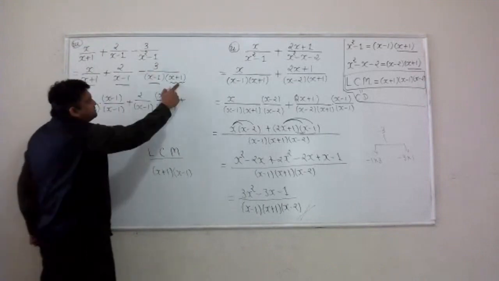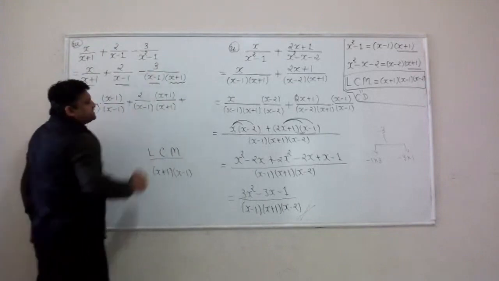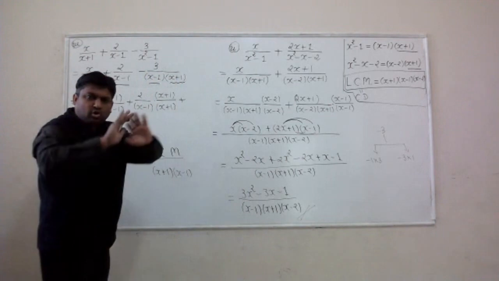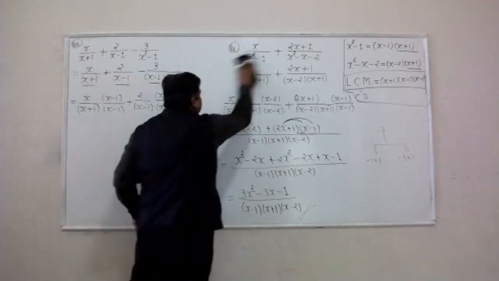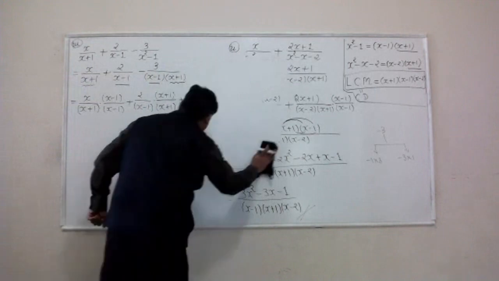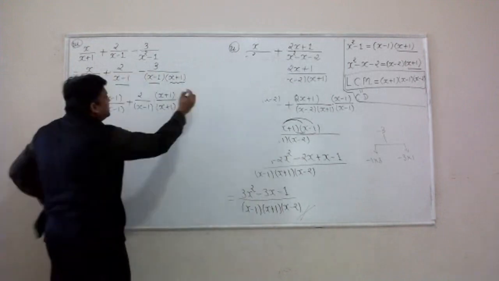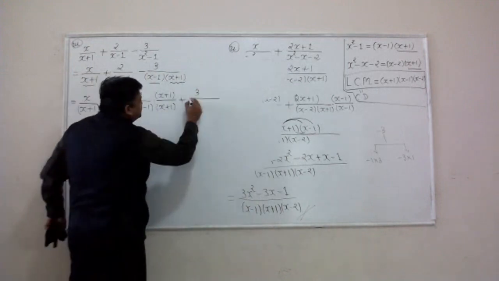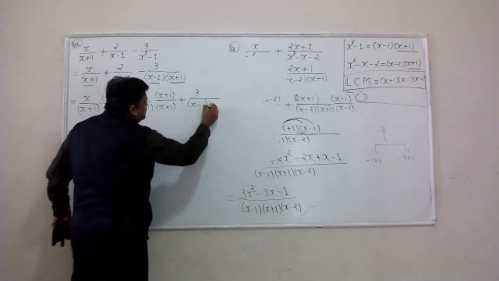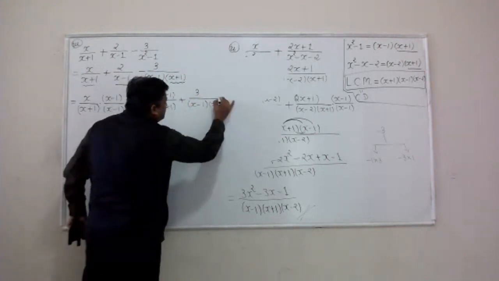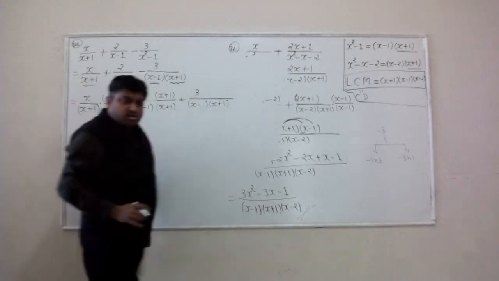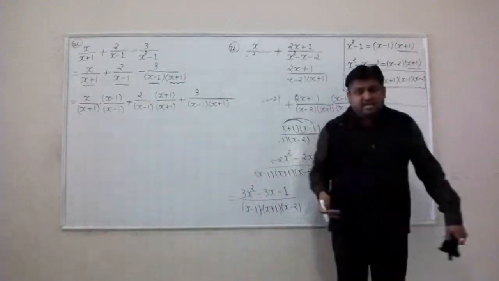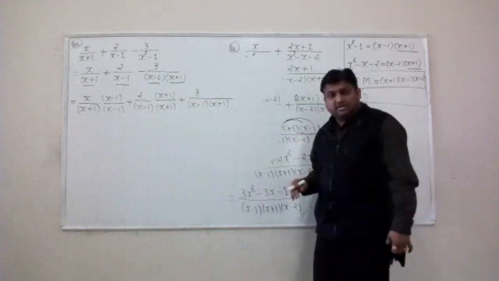The third term has both x minus 1 and x plus 1, so no treatment is needed on the third term. It stays as is because it has both factors in the denominator. Now the denominator is equal under all three terms.